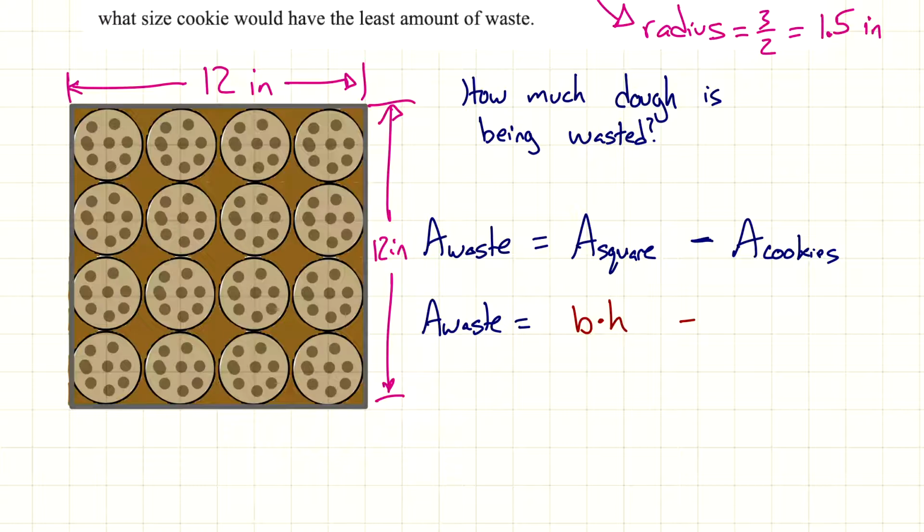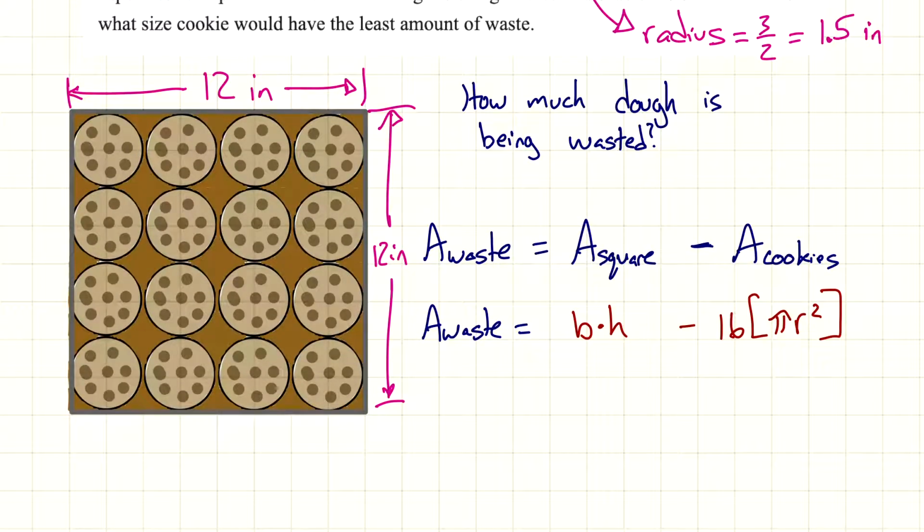Now, how many cookies are there going to be? So 16 cookies times the area of one cookie. So in this case, the formula for that is going to be pi r squared. So I'm going to write it out like this first. Okay, so now that you know, now we just need to plug in the numbers.